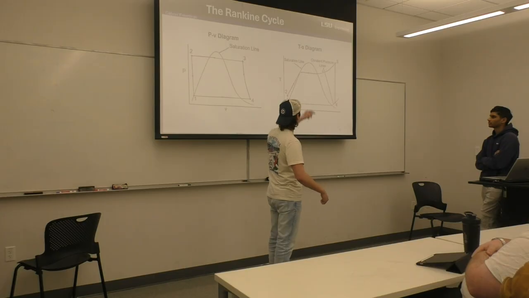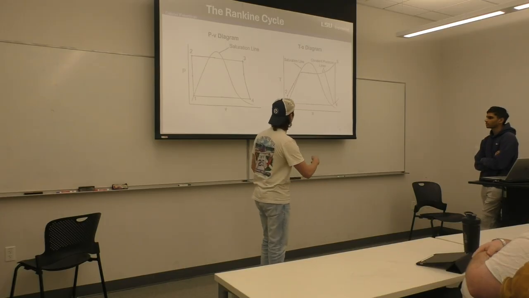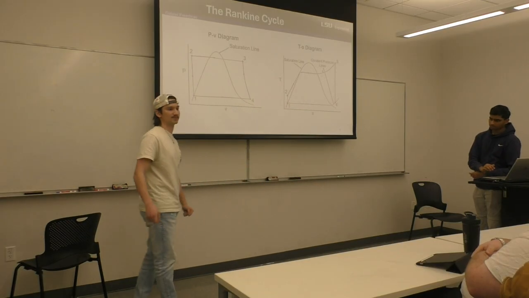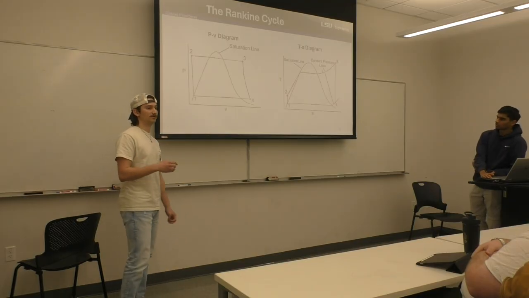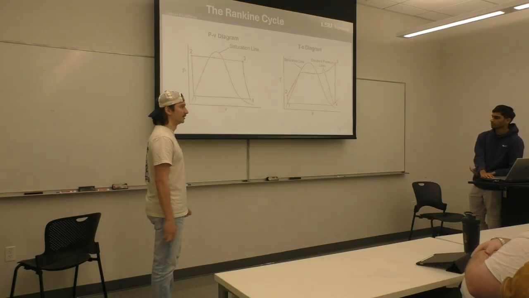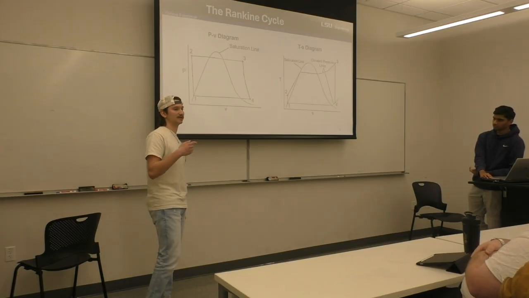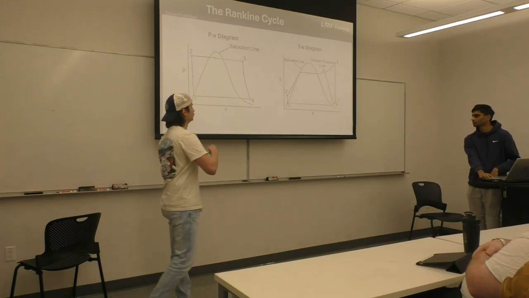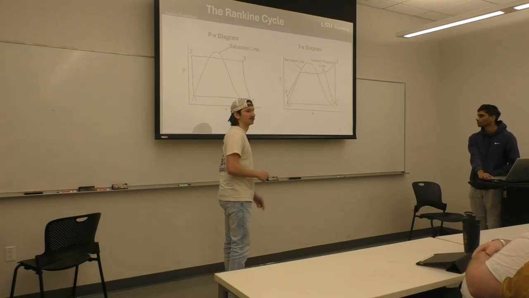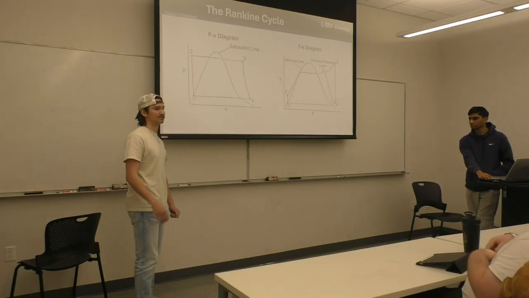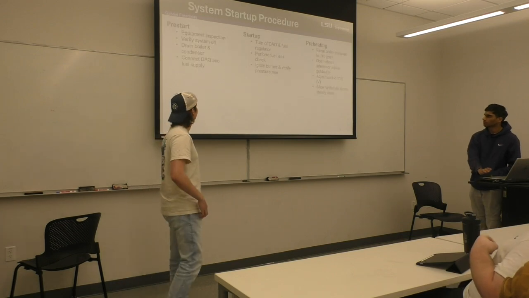And then 3 to 4, it's going to be constant entropy again. So you use those as guidelines when trying to find the calculations, which we'll see later, such as H2 minus H1, and you use these measurements to help calculate in a thermodynamic table to find those values. Next slide.